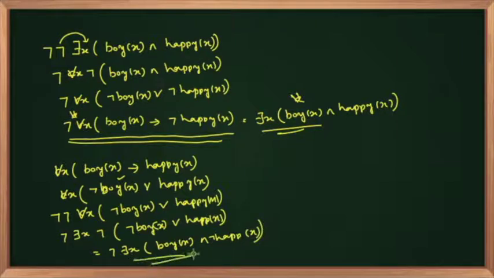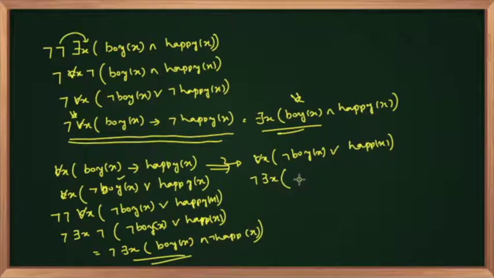So remember this, I can rewrite this sentence either as for all x, not boy of x or happy of x, these two statements are same, or I can write it as: it is not the case that there exists a boy of x and he is not happy. Okay, so that means all the boys are happy, right? So these three statements are equal.